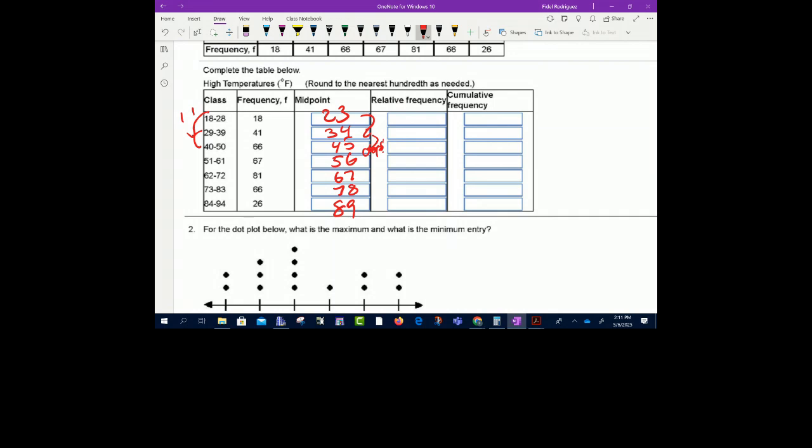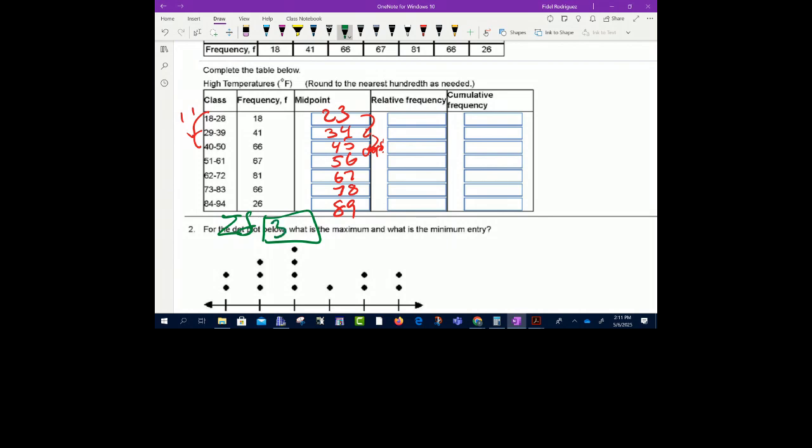Okay, now let's see if we can find the relative frequency. Y'all, in order for us to find the relative frequency, we need to find the total number of entries, meaning we need to add up all the numbers in our frequency. Will somebody do me a favor and add up 18 and 41 and 66 and 67? 365.